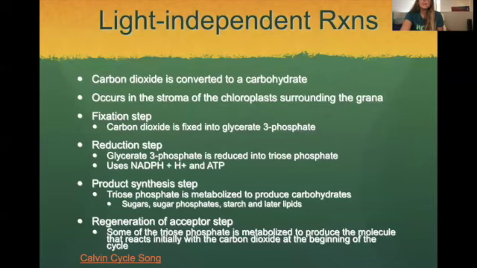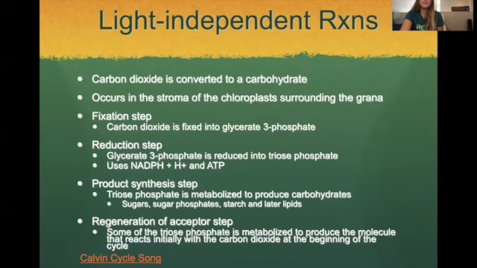The light independent reaction now is taking our ATP and our NADPH and utilizing it to make sugar. So any ATP that's not being used by the plant at that exact moment then gets turned into sugar in the light independent reaction. Carbon dioxide is converted to a carbohydrate at this point. It occurs in the stroma of the chloroplast, which is an area surrounding the grana.